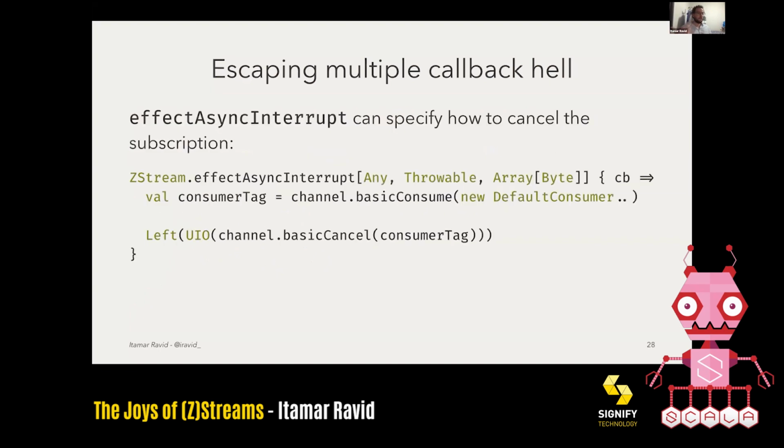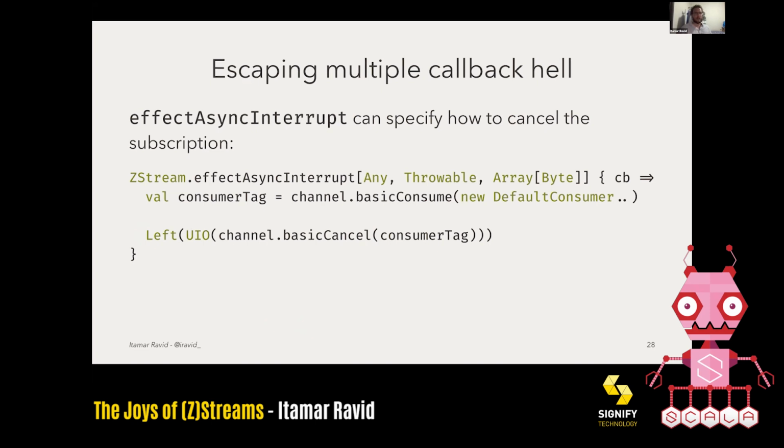And we can also register a cancellation mechanism that can be used whenever we interrupt the stream from outside, because whenever the stream is interrupted, we want to unregister the consumer, so RabbitMQ doesn't think we still have a consumer registered. So we can tell the stream how to unregister its consumer when the stream is interrupted, which is very, very important for working with these sort of APIs.